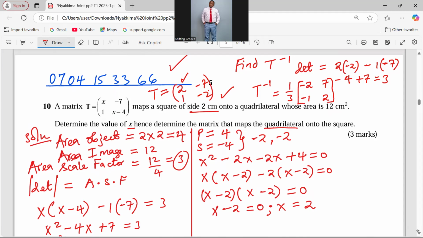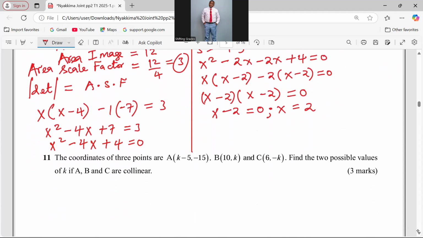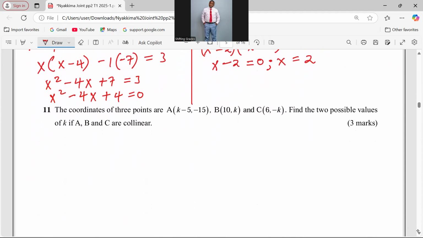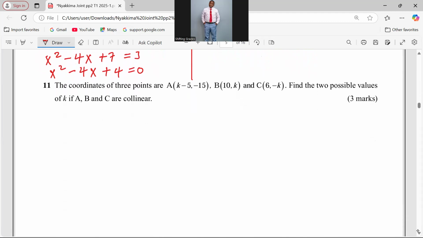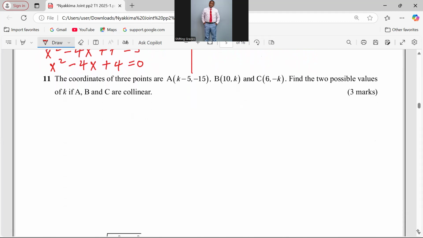So now this is the matrix. The inverse of T is the matrix which will map the quadrilateral back onto the square.